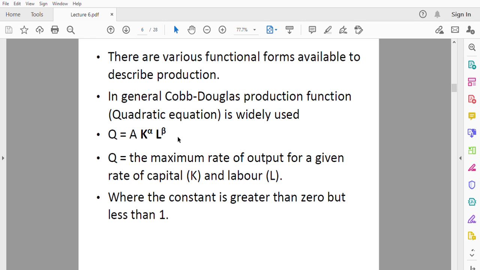And one takeaway is that alpha and beta, as I mentioned, are expressed as fractional decimals. Normally when you add alpha and beta, you are supposed to get 1. So if alpha is 0.4 and beta is 0.6, alpha plus beta will give you 1.